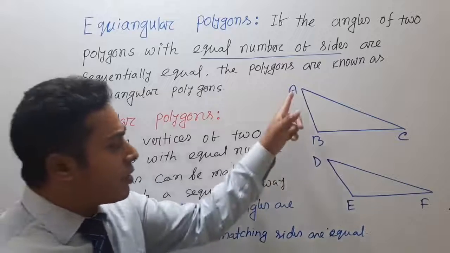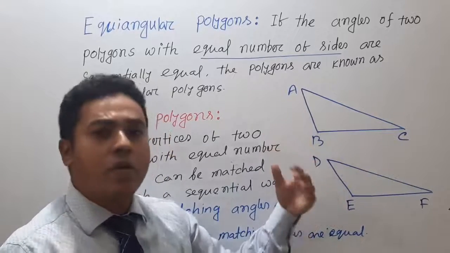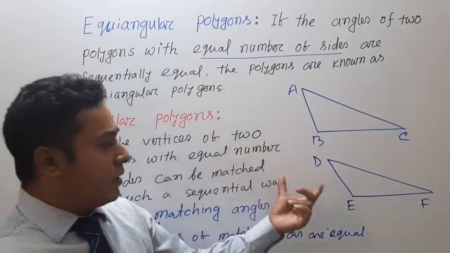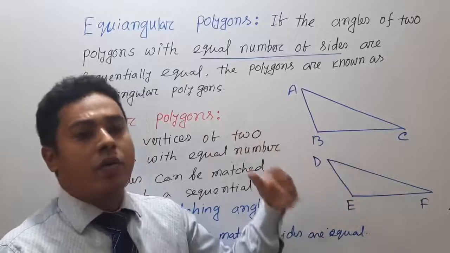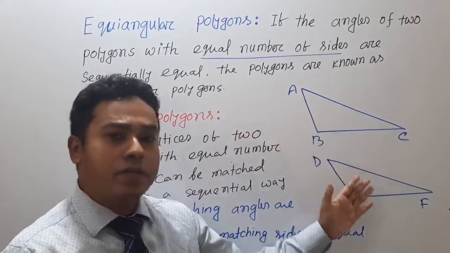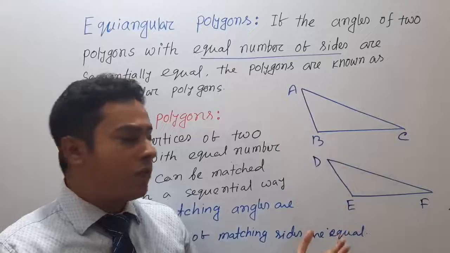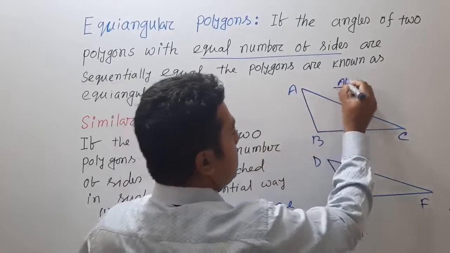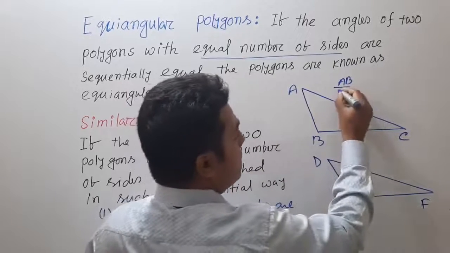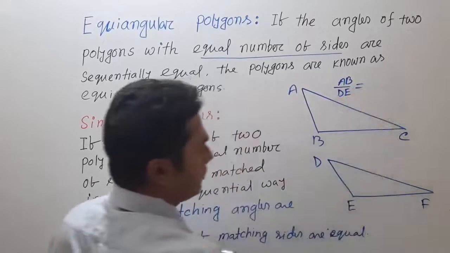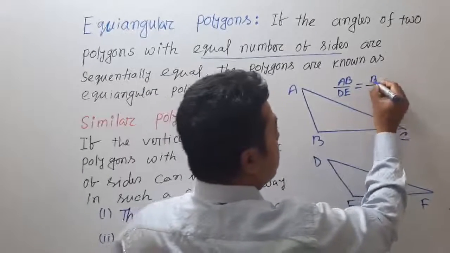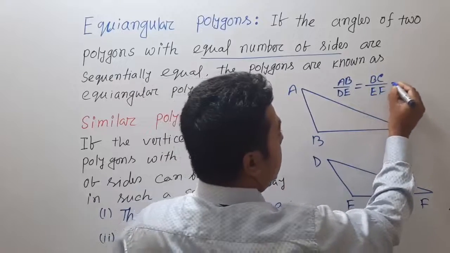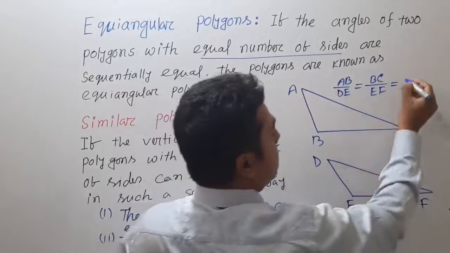But for triangles, the ratio of corresponding sides should also be equal. So the triangles will be equiangular and also similar if the ratios of corresponding sides are equal. That means AB divided by DE, BC divided by EF, and AC divided by DF are equal.